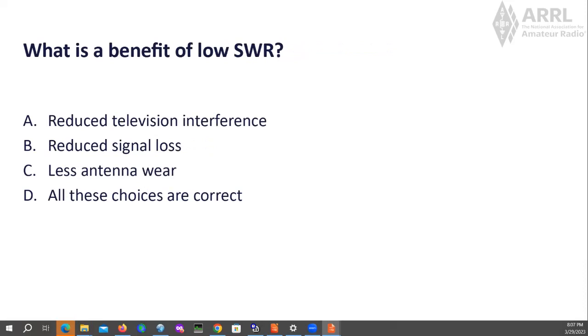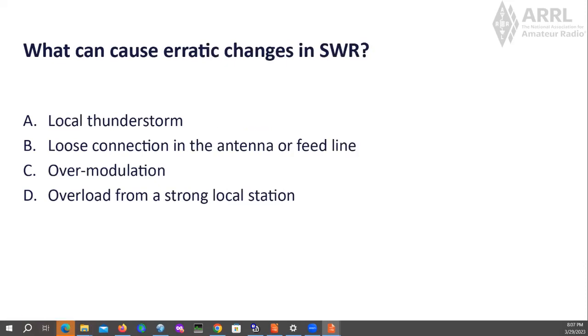What is a benefit of low SWR? B, reduced signal loss. What can cause erratic changes in SWR?